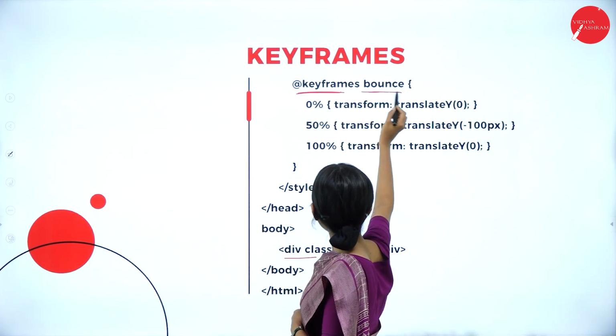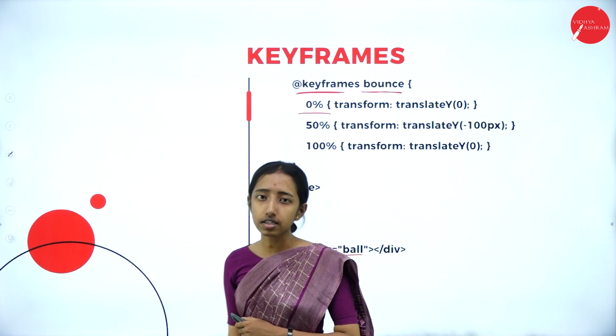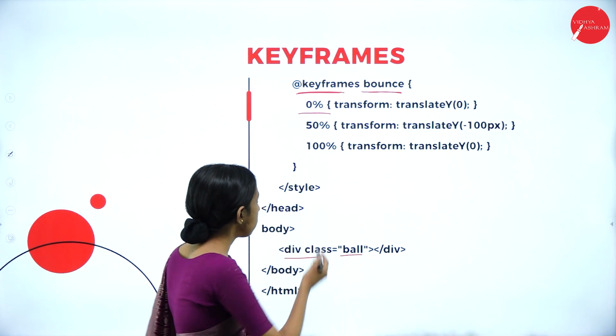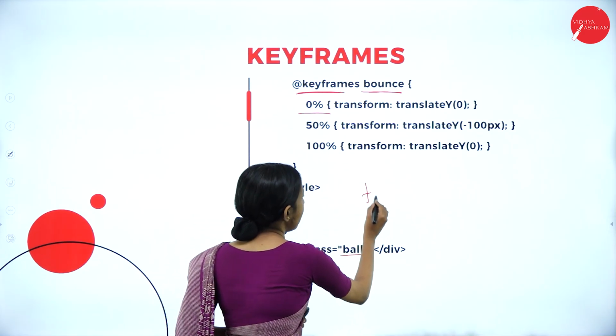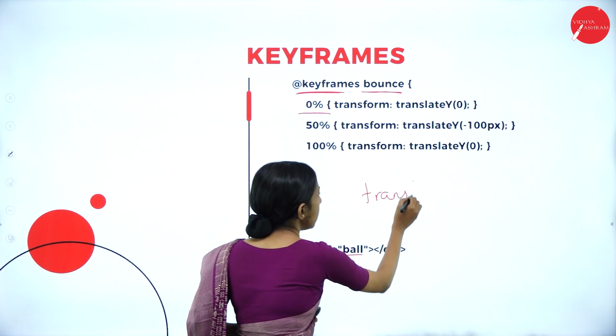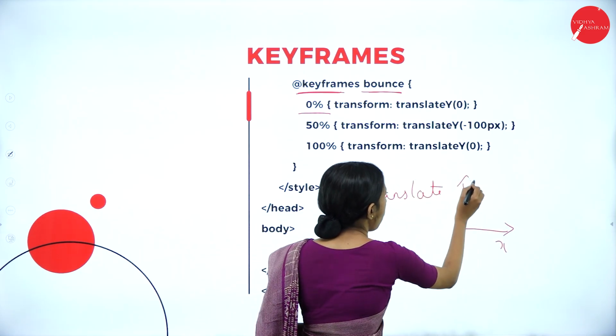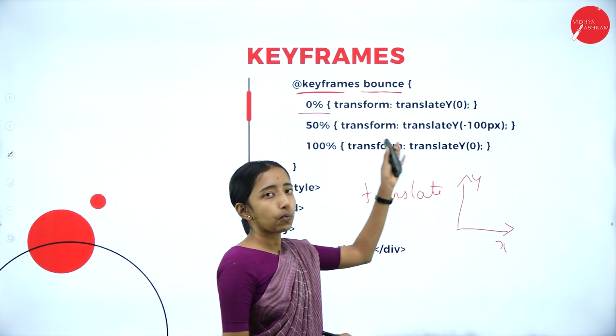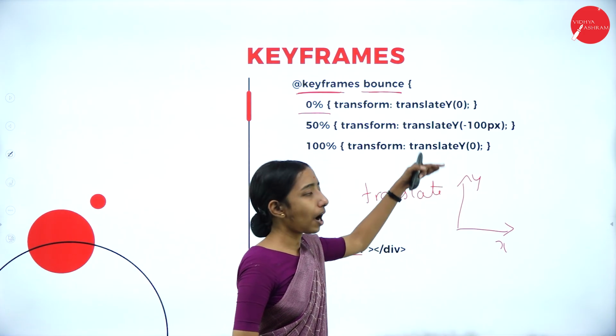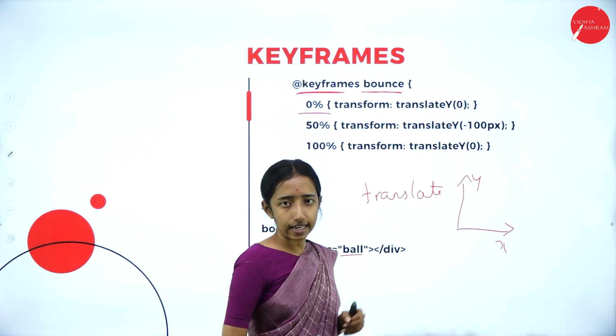So here bounce at 0%, that is the initial stage, is transform translateY. As I said previously, we will be taking the x-axis and y-axis. So translateY means here it will be bouncing along the y-axis.